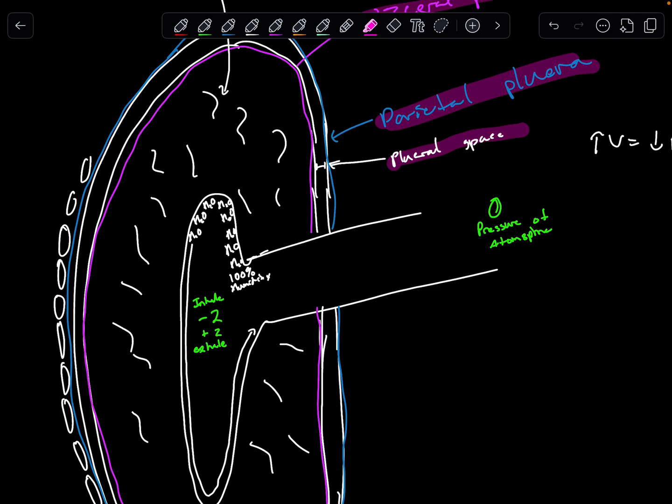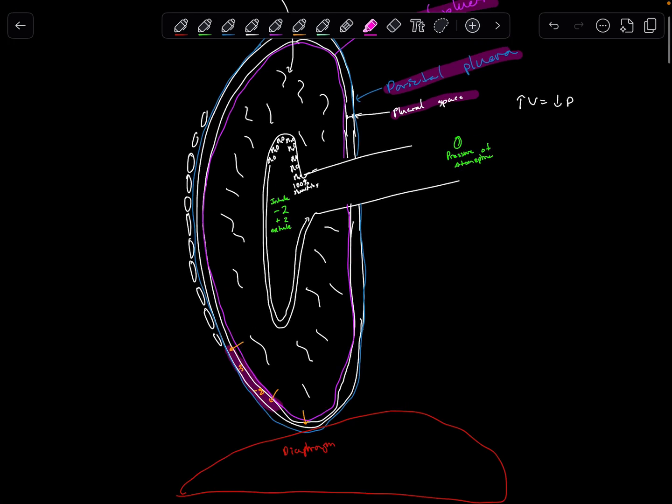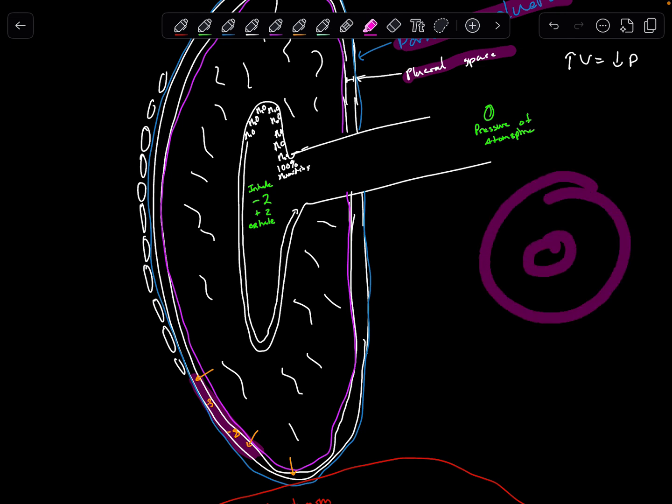Now in this area, there's an intrapleural pressure, and it's a negative pressure right here, and it goes between -3 to about -8. And this pressure actually allows the alveoli, and this is a picture of an alveoli, this is a picture of a lung, to expand, and for the alveoli, the smaller portions, to expand and go from this to that.